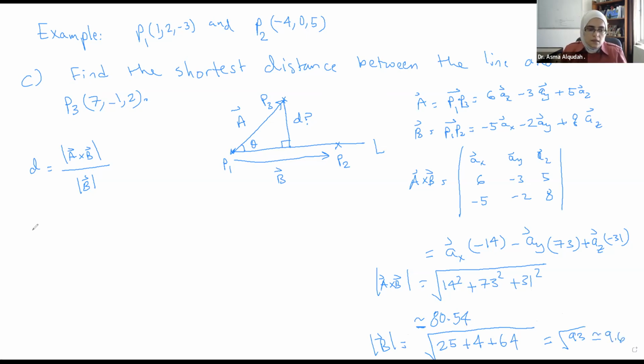So the distance D is equal to 80.54 divided by 9.6, which is equal to 8.35.